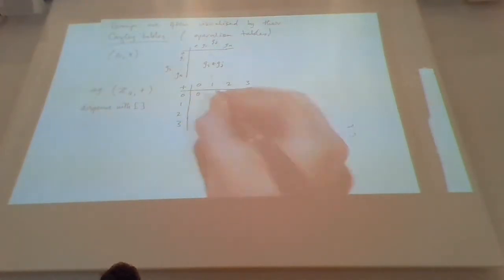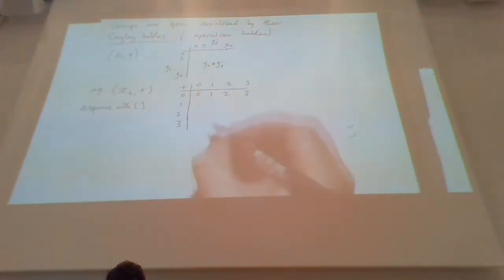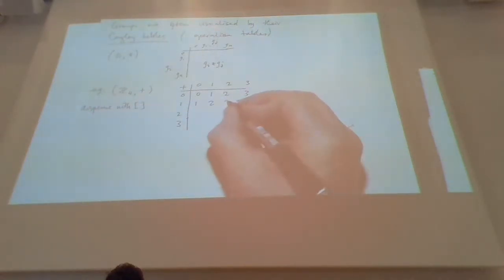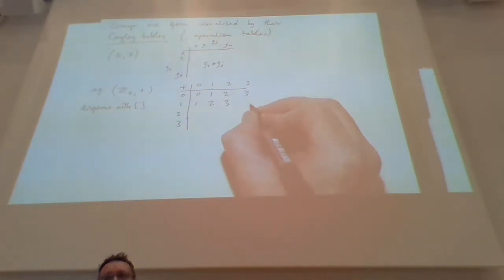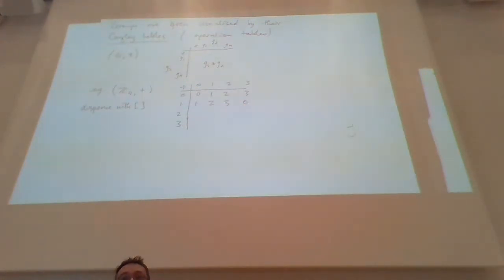We want to add 0 to all of these. When you add 0 to any of those, of course, it doesn't change it. When you add 1 to these, 1 plus 0 is 1, 1 plus 1 is 2, 1 plus 2 is 3, and you don't write down 4, because 1 plus 3 is not 4, it's 0. We're talking about addition of congruence classes.